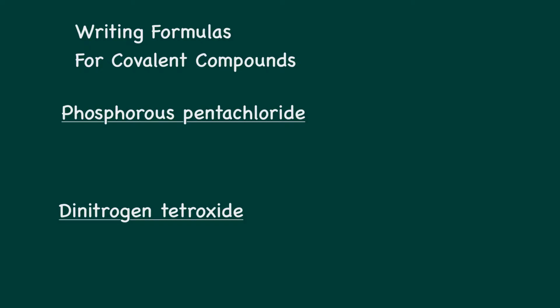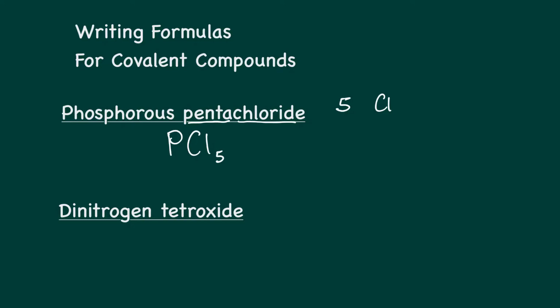Phosphorus is simply P, and we have learned already that penta refers to 5 and chloride refers to Cl. This tells us that pentachloride means 5 chlorines, and so all you have to do is put Cl followed by 5, and that is all there is.